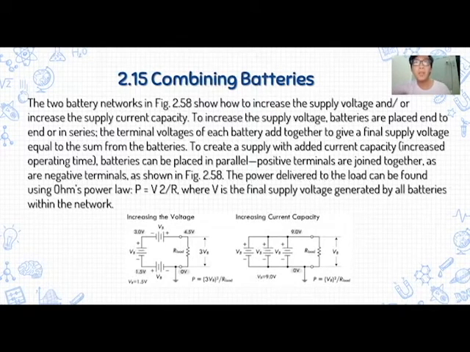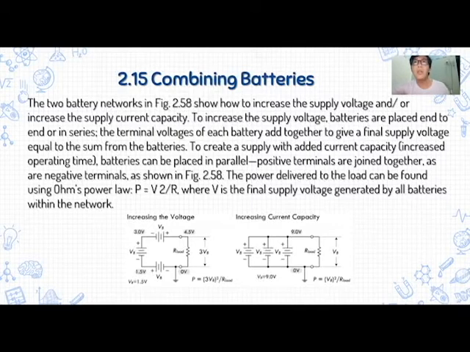The convenient battery, the two battery network in the figure, shows how to increase the supply voltage and or increase the supply current capacity.